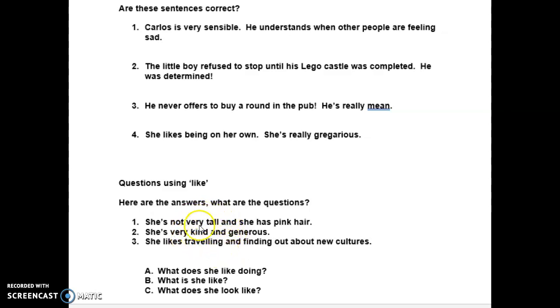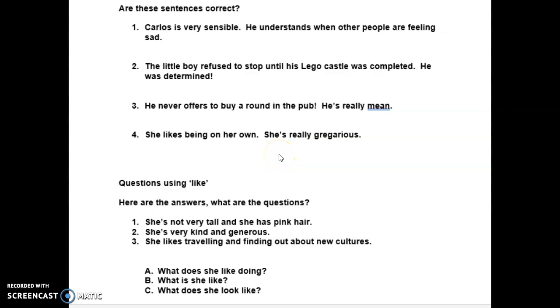Give them time to read them, and then try and elicit the 3 questions using like. You could help them by putting a, what, 4 gaps with a question mark, b, what, 3 gaps, etc., to give them an idea of the structure that you're looking for.